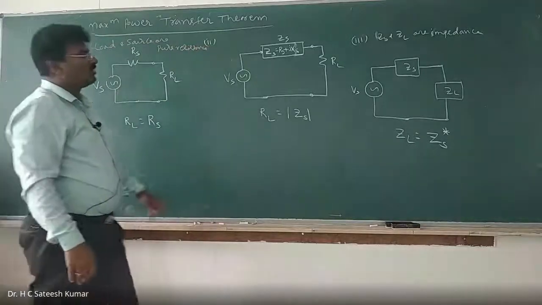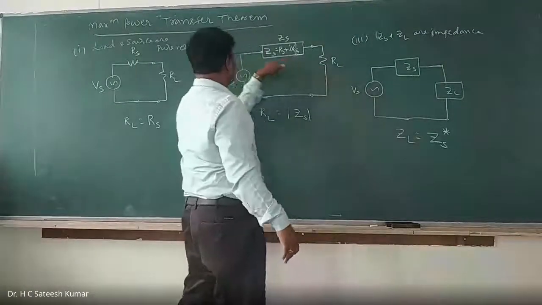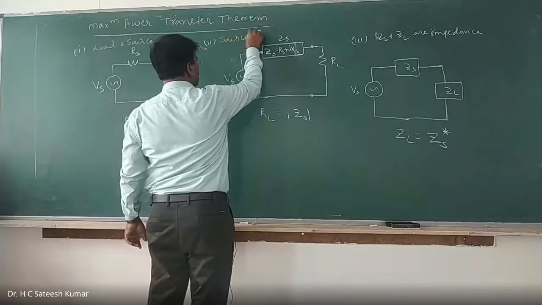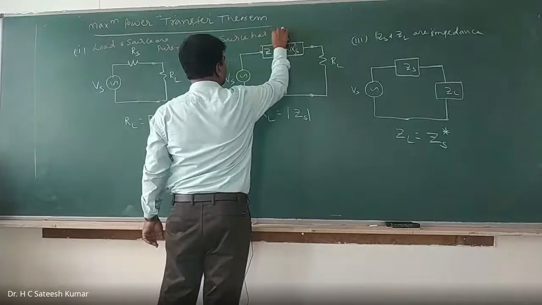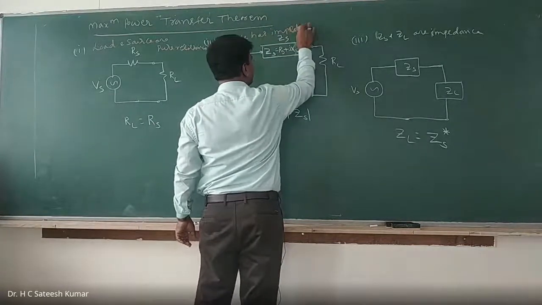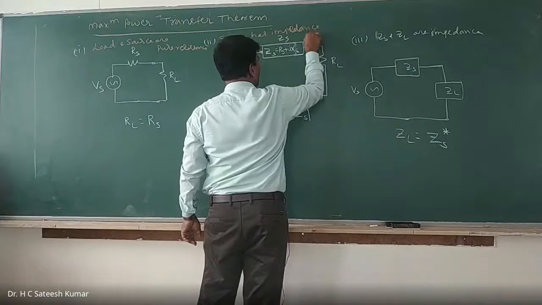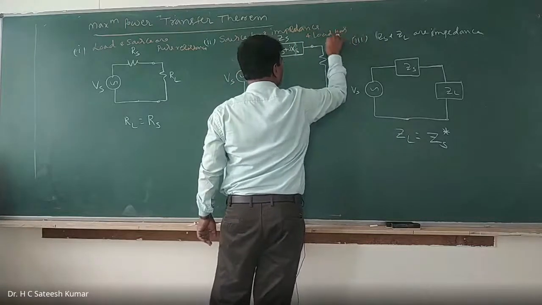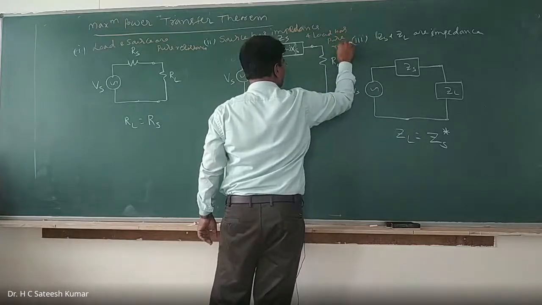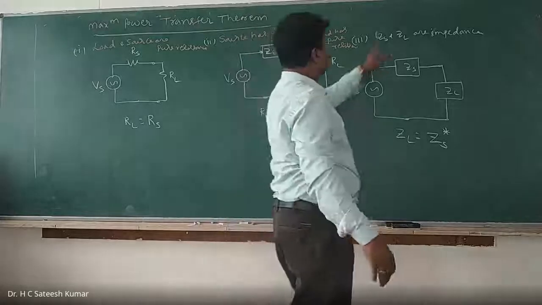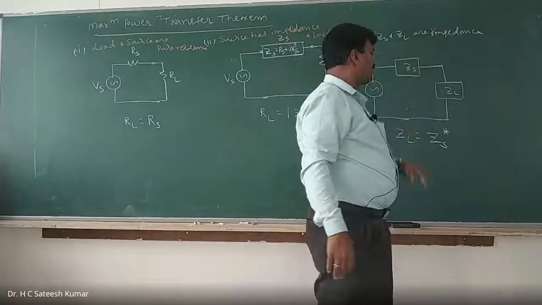When the load is having pure resistance and the source is having impedance, this is the condition. When the source and load, both of them are having impedance, this is the condition.